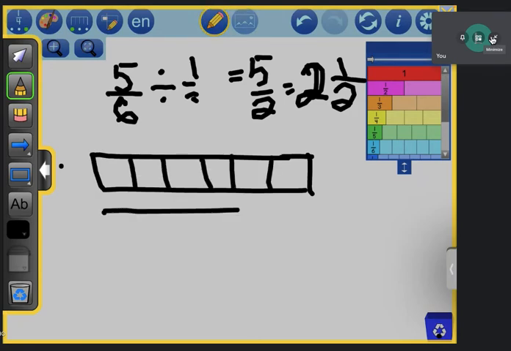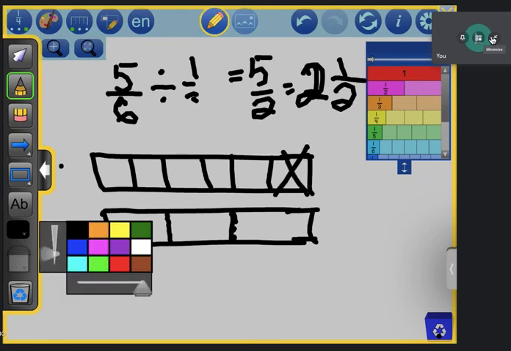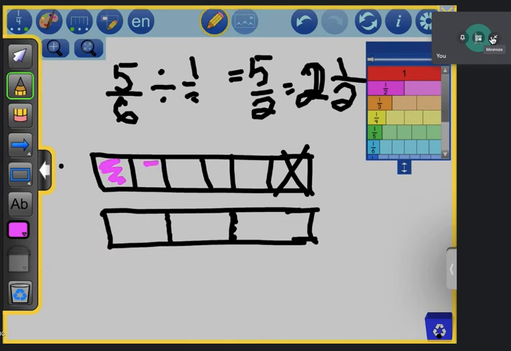Some of you might know how to do it this way, and that's okay. So you see, I'm going to cross this out, we're not using it. We want to find out how many 1/3 fit in 5/6. So we see that 1/3 fits in 5/6.